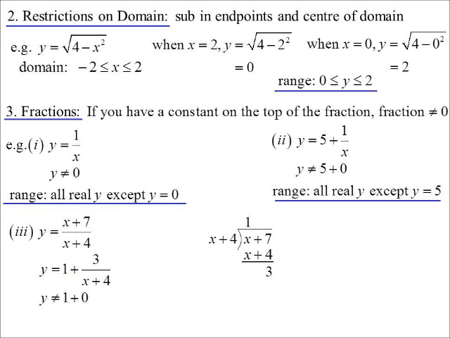Range, I've got a fraction with a constant on top, so that fraction can never equal 0. So, there's my polynomial division. Look, a remainder of 3. So we can write it as 1 plus 3 on x plus 4. So it can never be 1 plus 0. So there's my range: all real y except y equals 1.